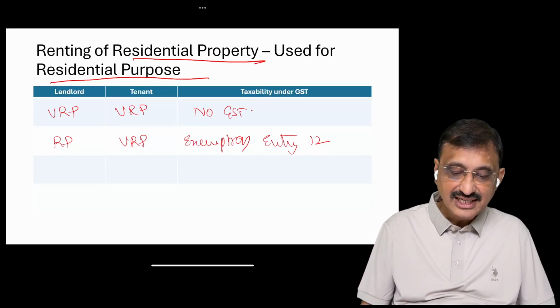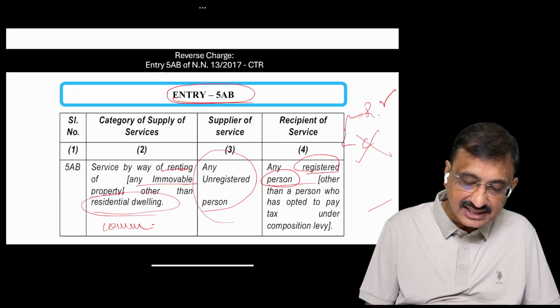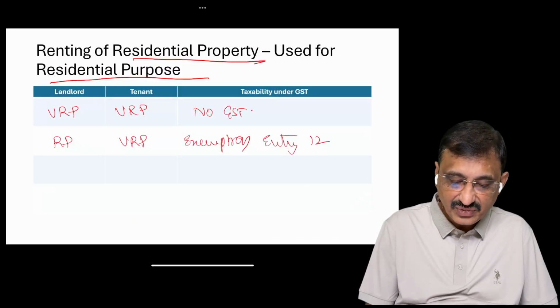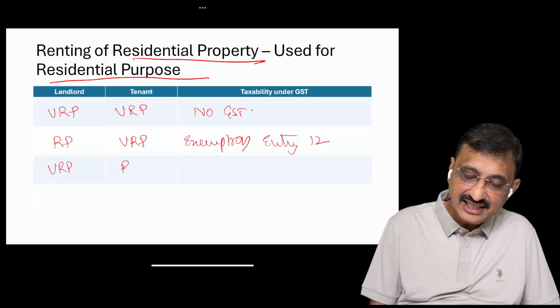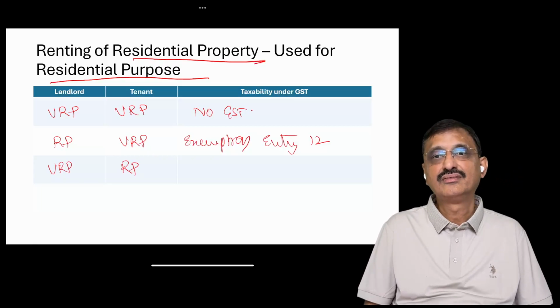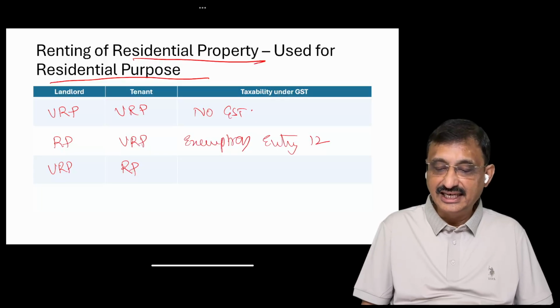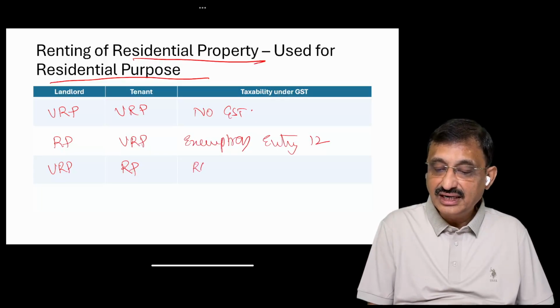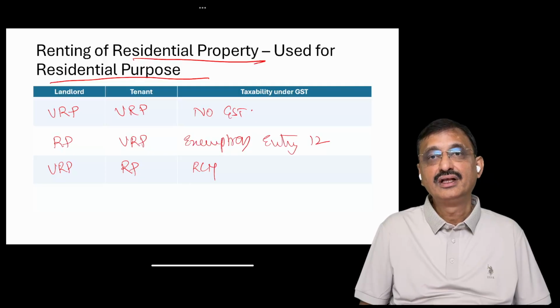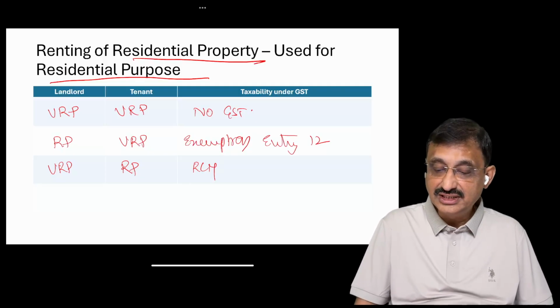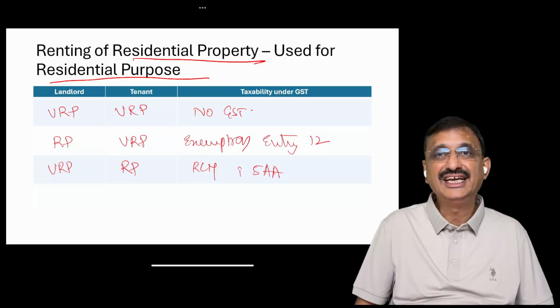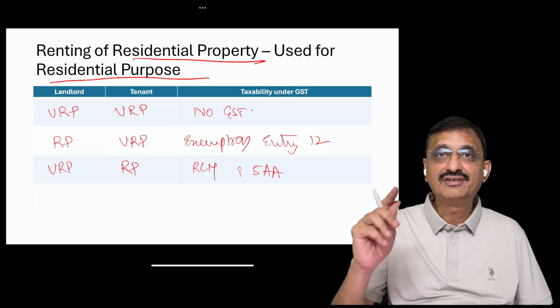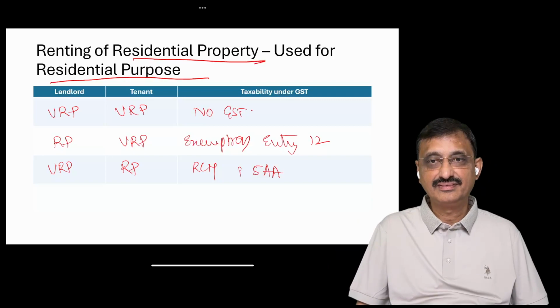Next, come to the next situation, that is landlord is an unregistered person and tenant is a registered person. What will happen? Here RCM will come into play, by virtue of entry number 5AA of the reverse charge notification.